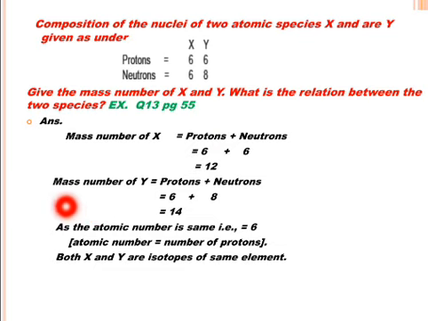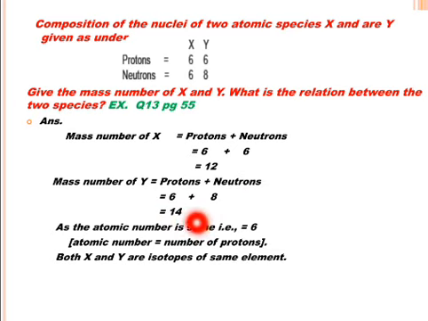Similarly, we can calculate the mass number of Y species by adding the number of protons and neutrons. The number of protons is 6 and the number of neutrons is 8. So on adding, the mass number of Y species comes out to be 14.